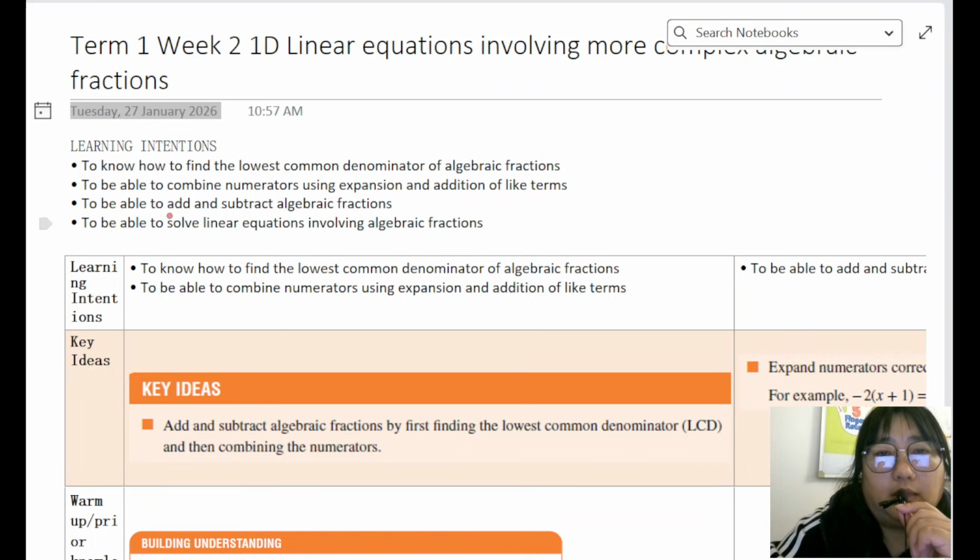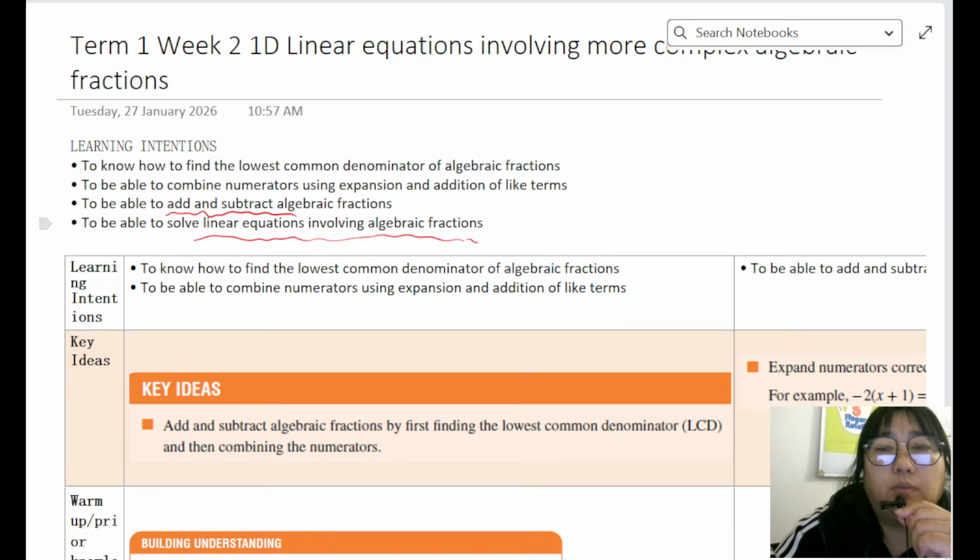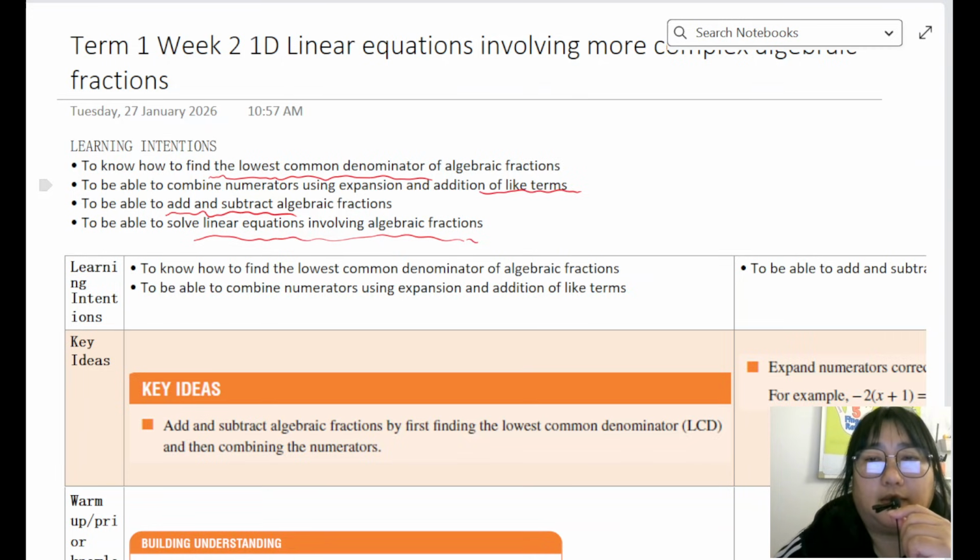And we will have a look at some of our prior knowledge, for example the lowest common denominator, which is basically the lowest common multiple. And also if they have like terms, we have to know how to collect them, so with like terms we will do addition and subtraction.